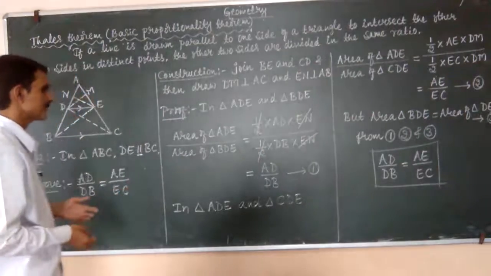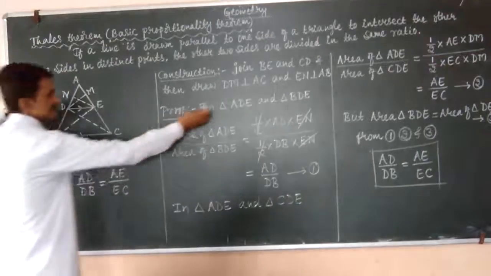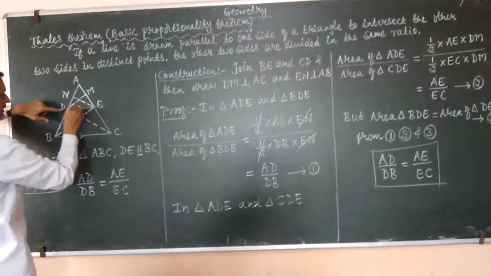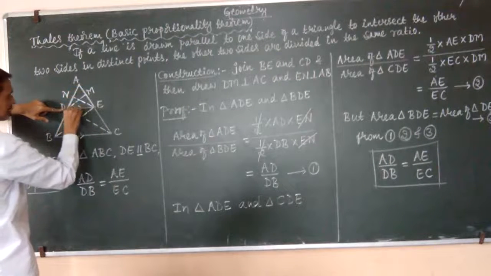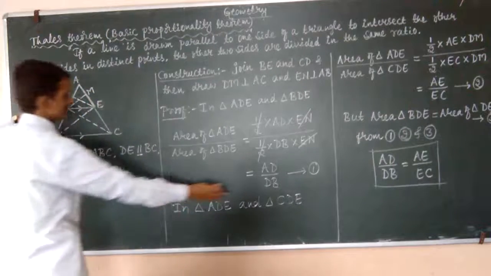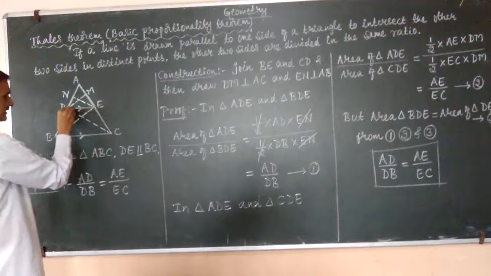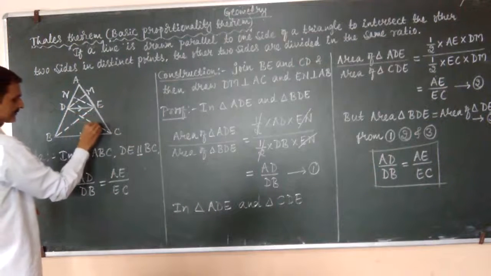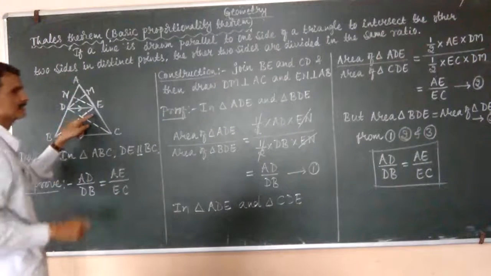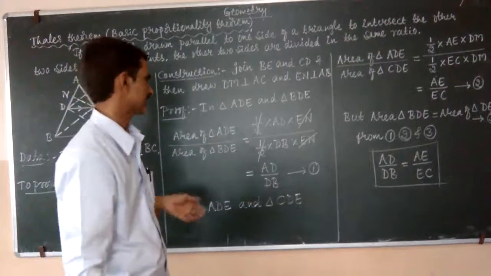So next we will compare another two triangles. The same triangle ADE, we are going to compare with the triangle CDE. Here also we are going to write the areas of those two triangles.